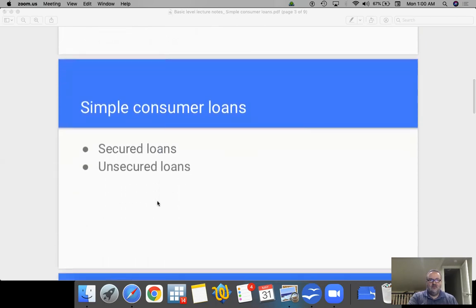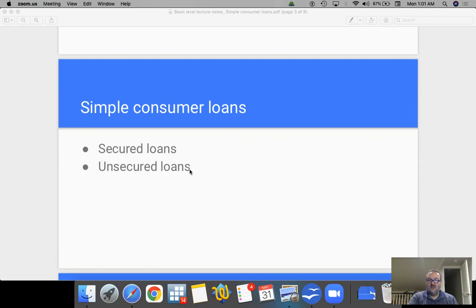Simple consumer loans can be secured or unsecured. Secured loans simply refer to loans that have some sort of securitization, meaning you could have your car, your house, or a co-signer, a guarantor, somebody who signs it with you, or the paycheck that you're going to receive, or a pawn shop, that sort of thing.